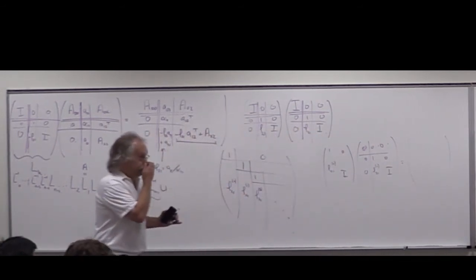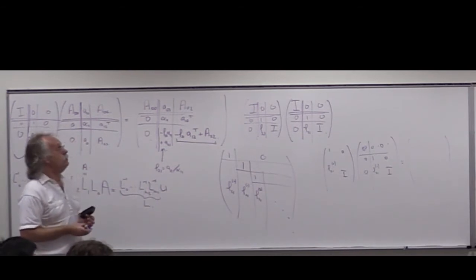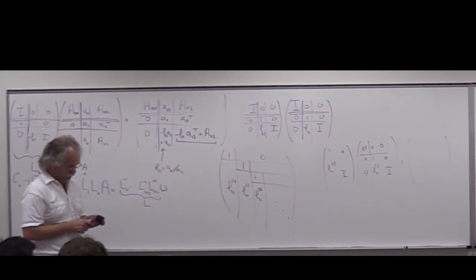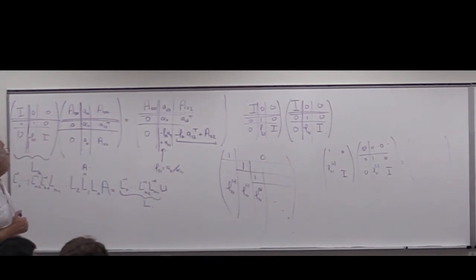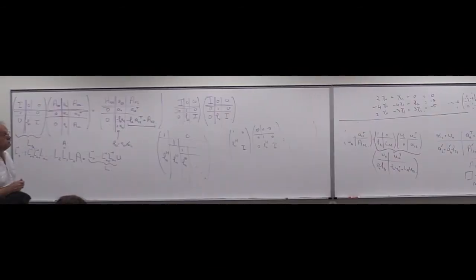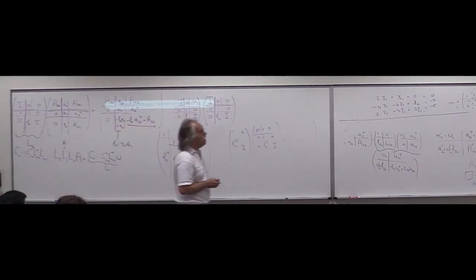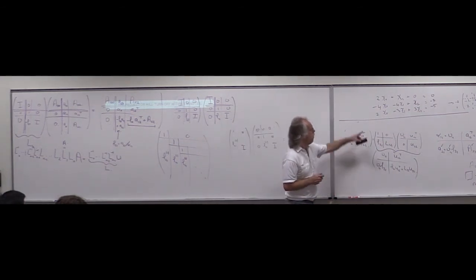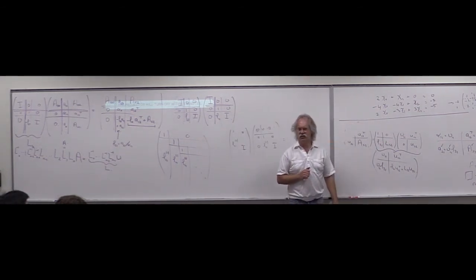Okay. Now, where should we go next? When did Gaussian elimination break down? Then things go horribly wrong.